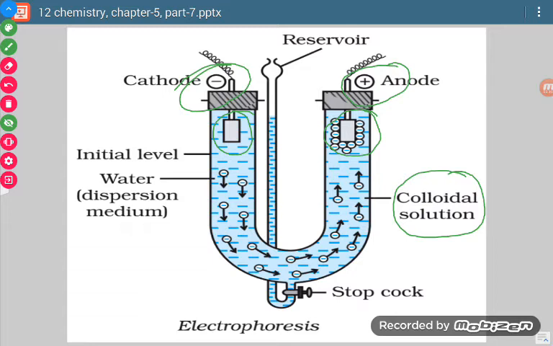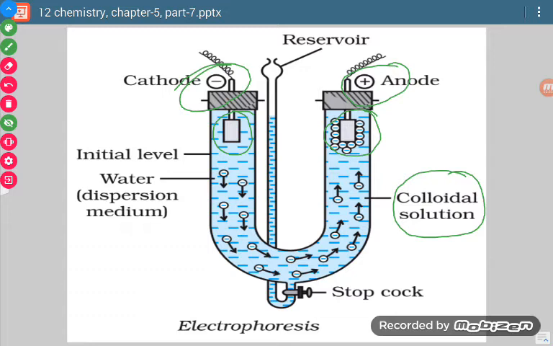When current is passed, they will move to one of the electrodes. In this figure we have shown that the particles are moving towards the anode. It means they are moving towards the positively charged plate. So those particles carry negative charge, or we can say this colloidal sol is a negative sol.